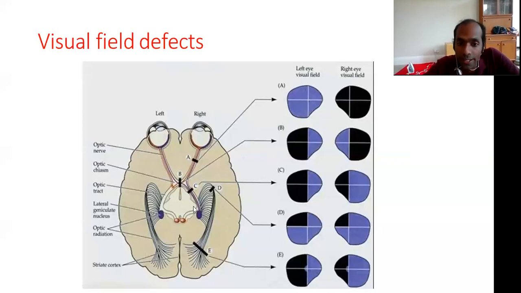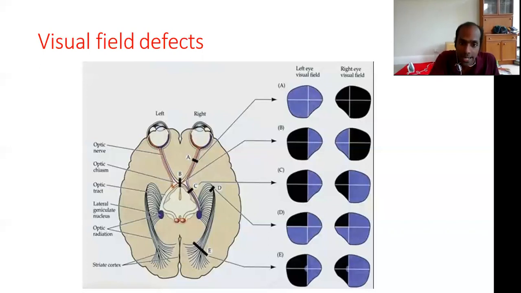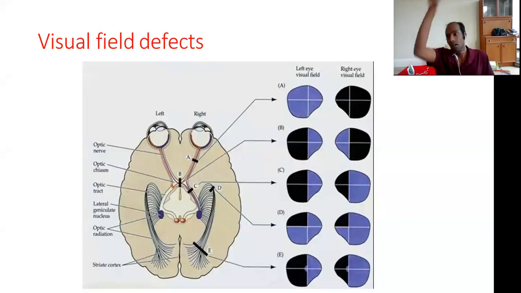So you have the optic tract, optic radiation, and the occipital cortex. So any point distal to the optic chiasma, that is the optic tract, the optic radiation, which is mentioned as D, and E, which is the occipital cortex. The lesion can be anywhere in these three places: tract, radiation, and cortex.